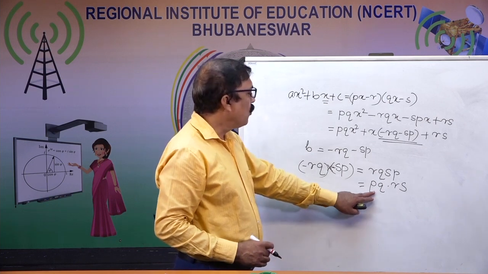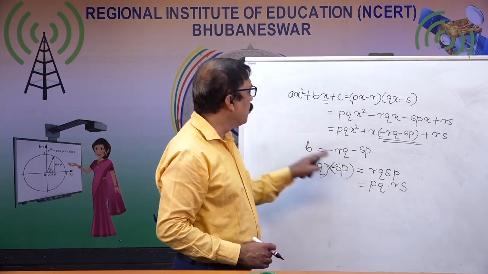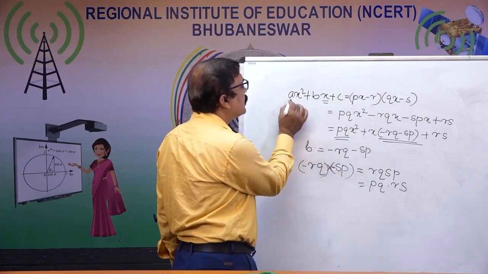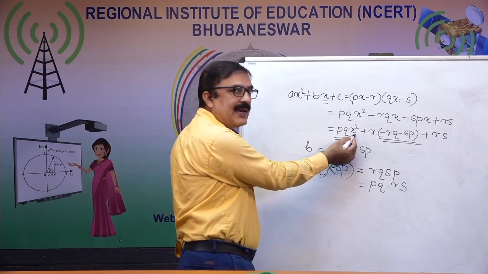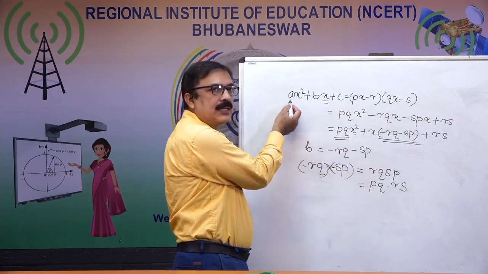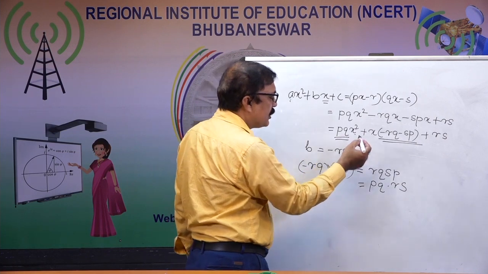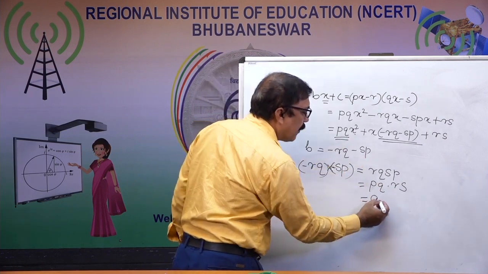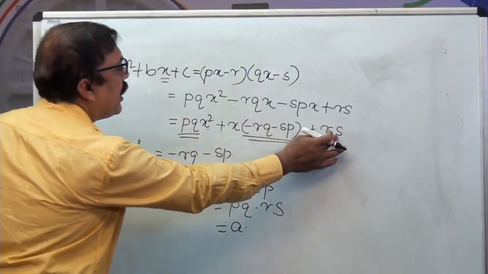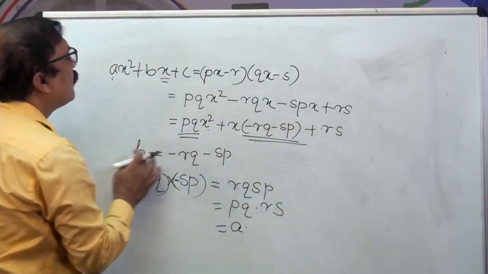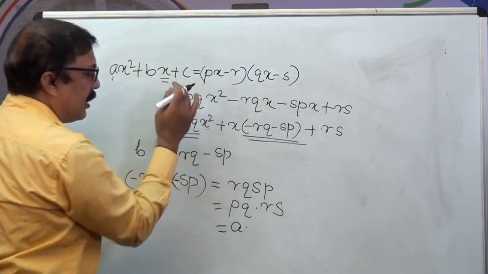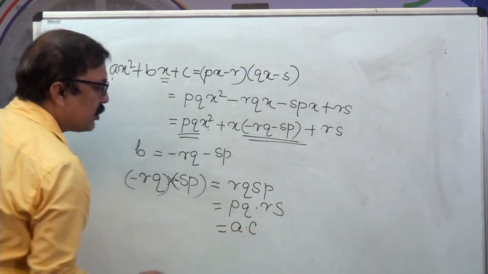What is pq into rs? Compare: pq is the coefficient of x square on the right side, and on the left side the coefficient of x square is a. So pq is our a. And rs is the constant term, and here the constant term is c. So rs is c. We can write a into c.